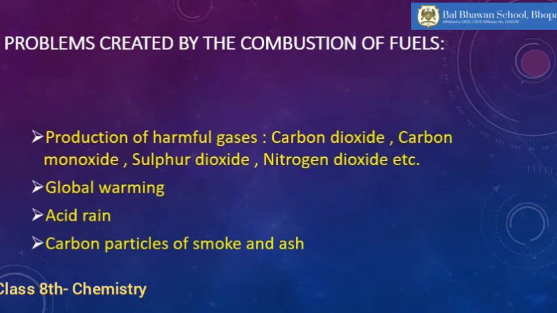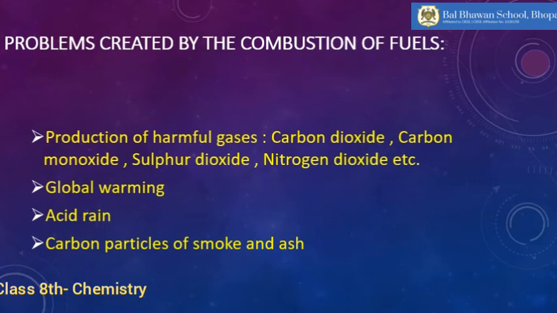Now you have understood what is combustion, what are its types, and how they give heat energy, how to measure this heat energy, and which fuel gives maximum amount of heat energy, etc. Apart from all these characteristics, there are problems related to combustion of fuels.